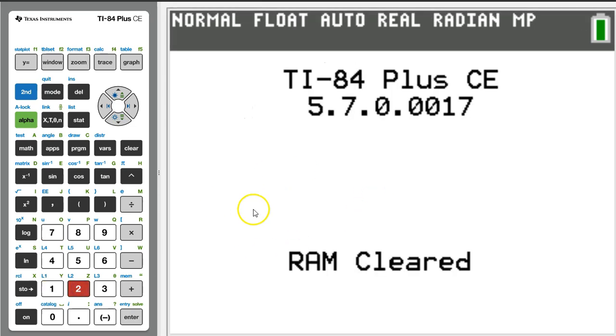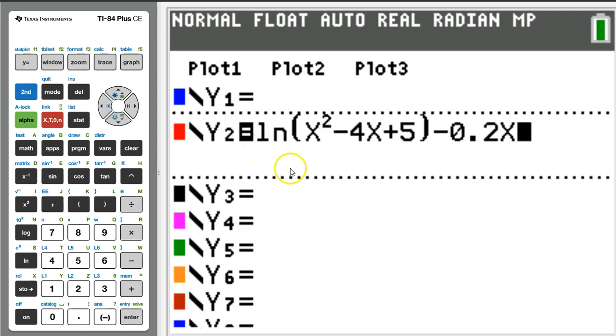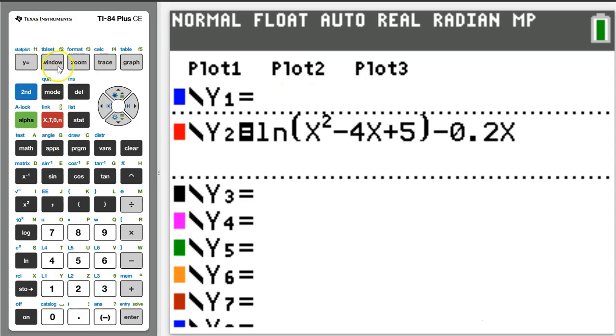Again, that is second plus 712. Fresh calculator. So go ahead and hit y equals and enter the velocity equation right here as y2. So here is our velocity equation typed in as y2. We need to find where the velocity is equal to 0, specifically on the interval from 0 to 2. We need to adjust the window to only show the interval from 0 to 2.